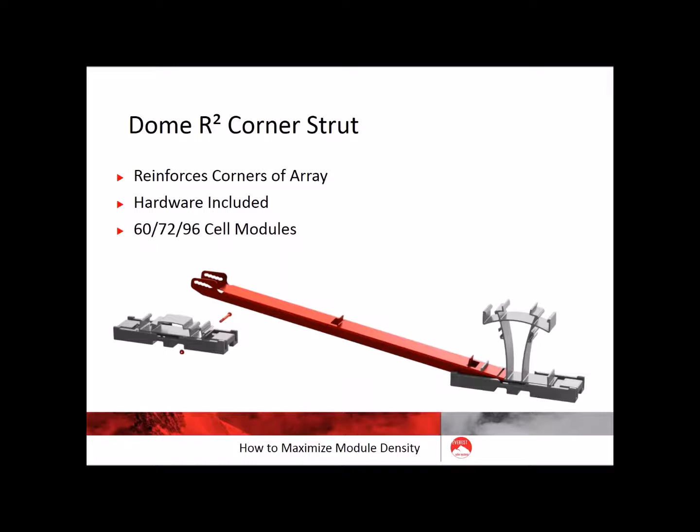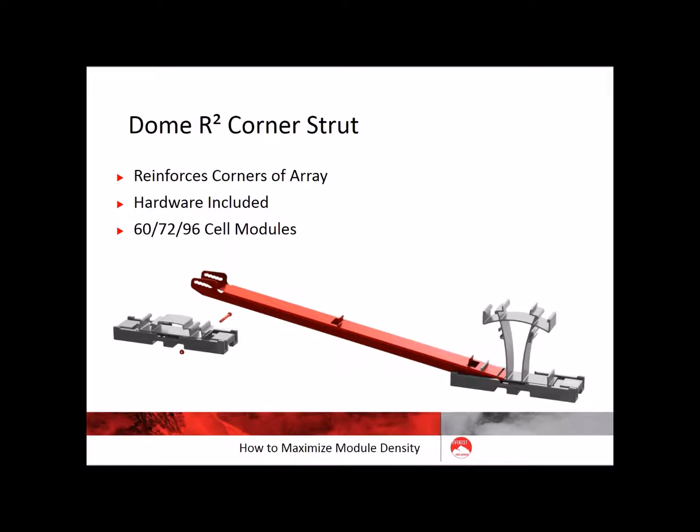So this component goes on the corner of every subarray, and it's used to reinforce the corner of the array, since at the corner is where we're going to see the highest wind loading. This is one of the very few components in the system that requires hardware. It's a bolt and a nut that goes in and attaches it to the base, and it's compatible with 60, 72, and 96 cell modules.